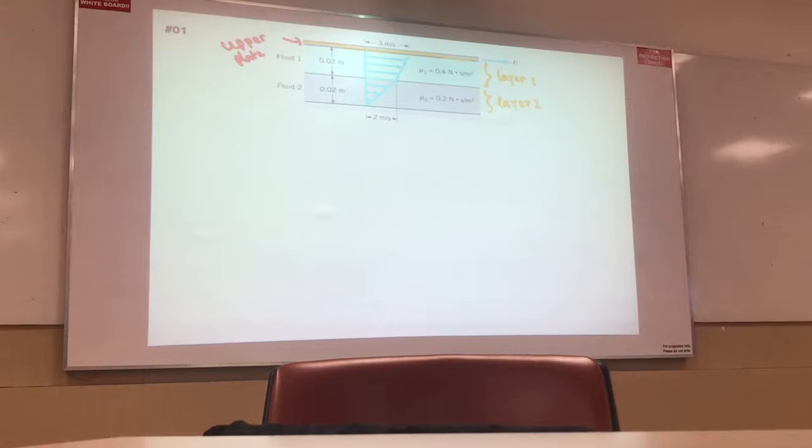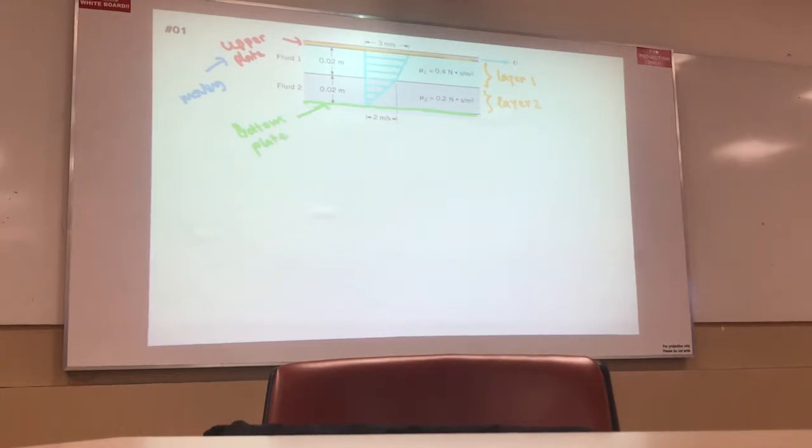Two layers of fluids are dragged along by the motion of an upper plate as shown in this figure, with the bottom plate remaining stationary. That means the upper plate is moving, and there is another plate, I put it here in green color. This is the bottom plate, and it is stationary.